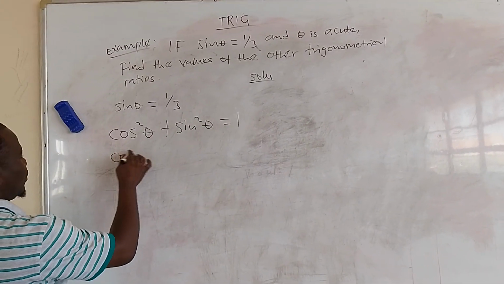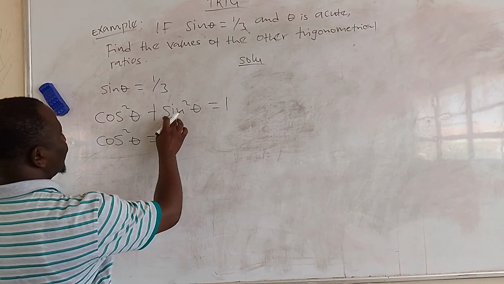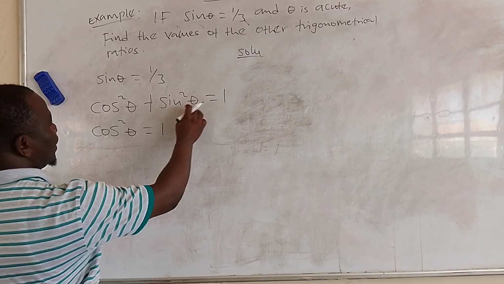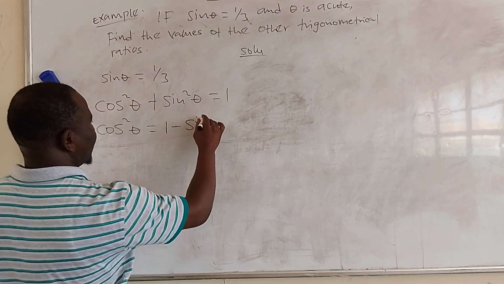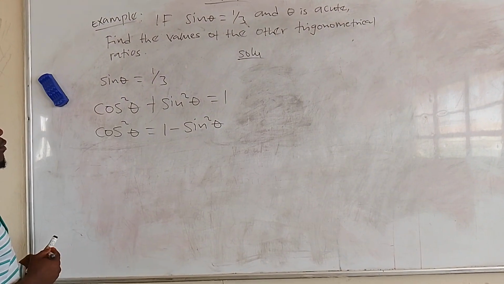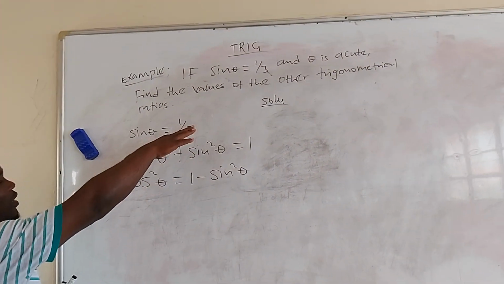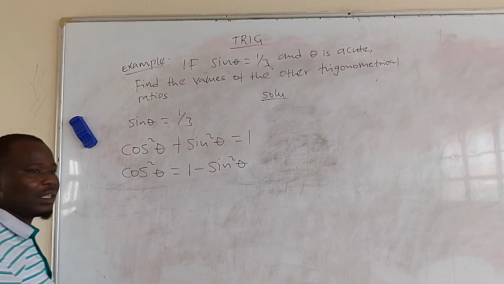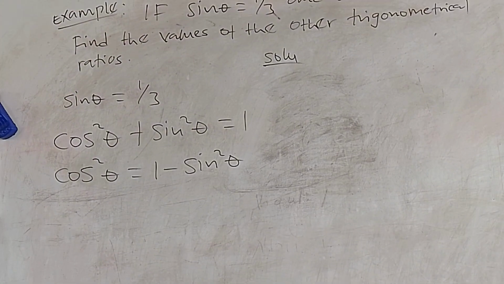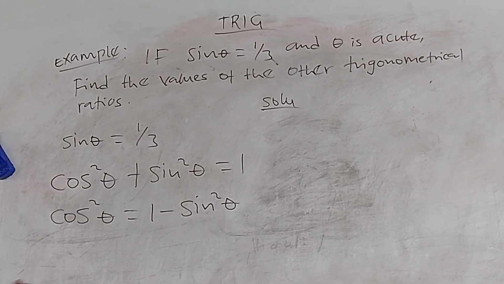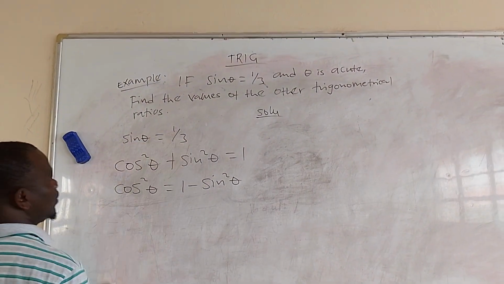Our cos square theta is equal to 1 minus sin square theta, as sin square theta crosses the sign of this equality and becomes negative. I know there are different ways that you can approach this particular question, but let us approach it this way first.